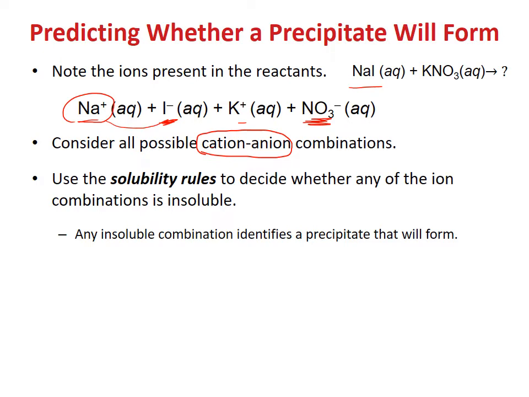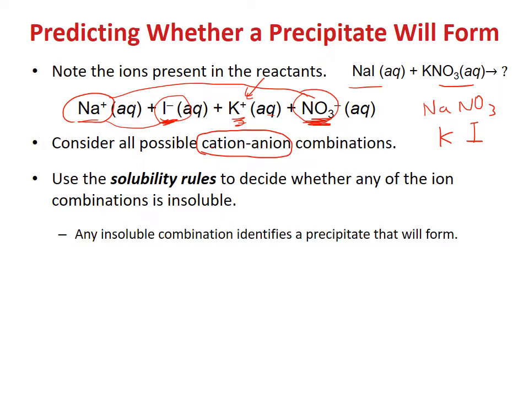There's a possibility it combines with nitrate, forming sodium nitrate. Let's look at potassium. Potassium is a cation, it can combine with nitrate, but that goes back to the reactants. Another possibility is combining with iodide, so the possibility is potassium iodide. So these are the possible combinations.